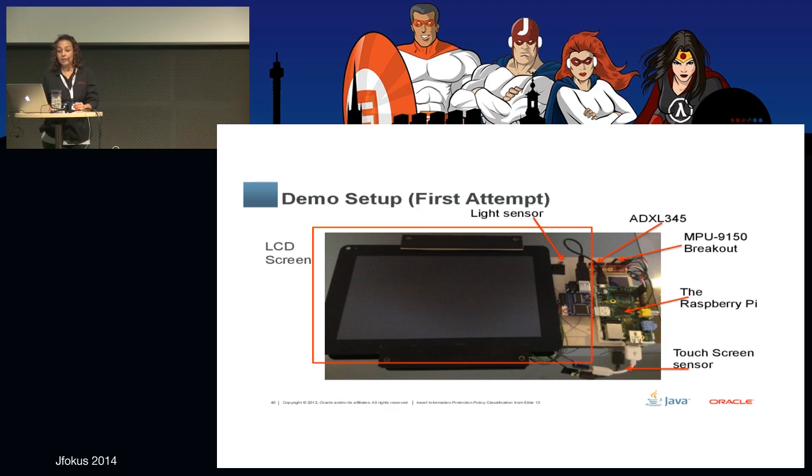So I have my Raspberry Pi, my screen. The screen actually has a light sensor, so make sure you do not cover that one. That will adjust the screen brightness depending on the ambient lights. It does have a touch sensor. It's kind of weird: you attach it to the USB of the Raspberry Pi.